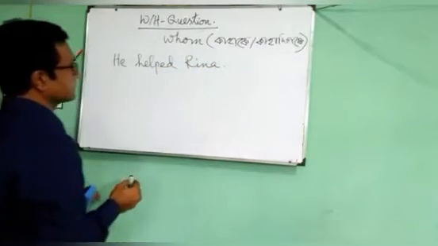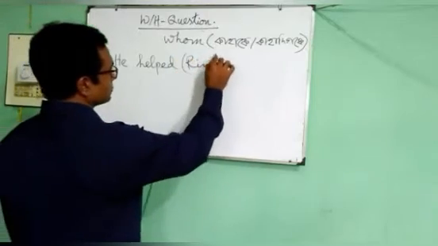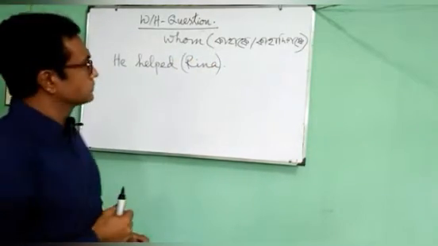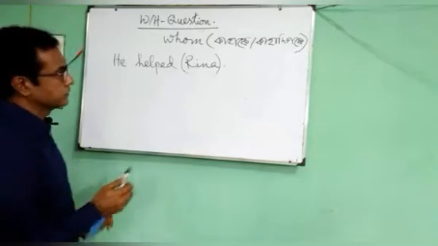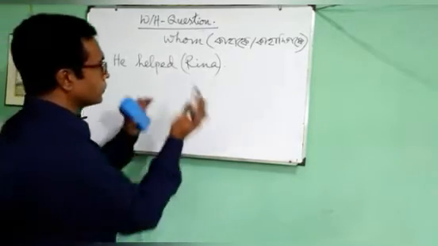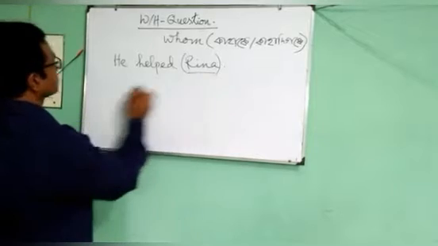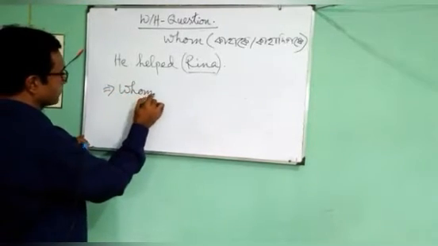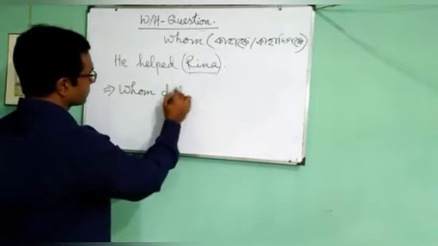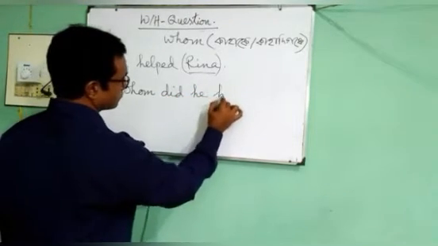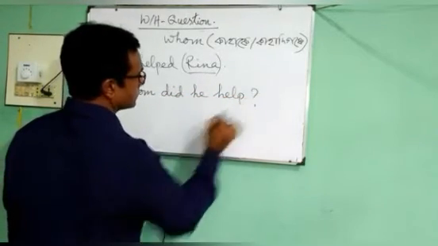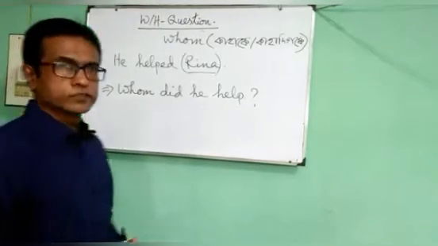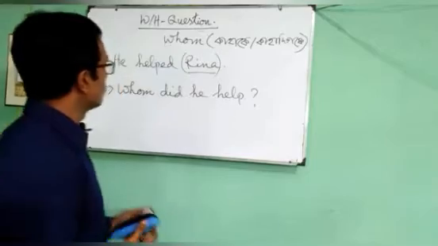Here in this sentence, Rina is the object and it is a personal object, I mean an indirect object. We can use whom for Rina. Whom did he help? This is the process for making questions using whom.